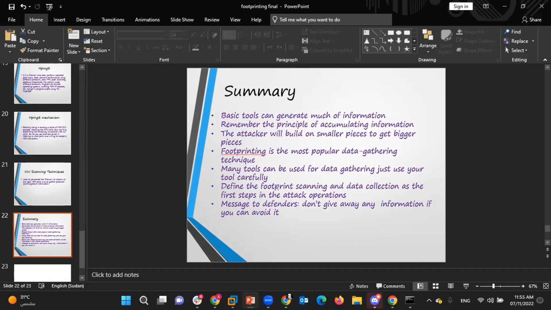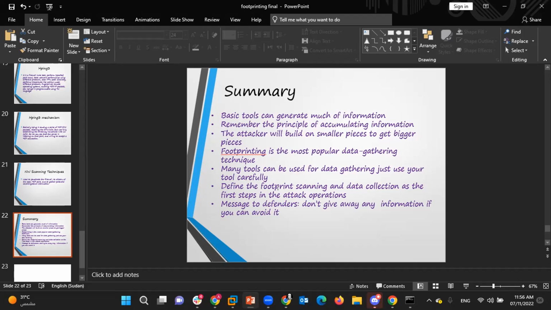So finally, when we make an overview of all of this stage, we can get an idea about something. A basic tool can generate much information. Much of it looks simple, like Nmap.